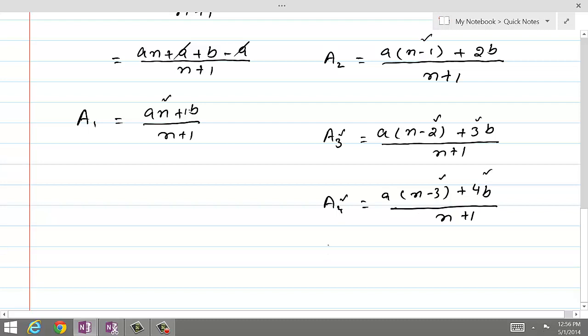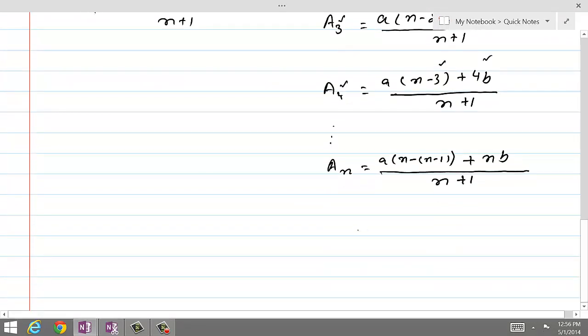So if we follow the same pattern and we write an, this would be a into n minus 1 less than n. What would be 1 less than n? That would be n minus 1, plus nb over n plus 1.